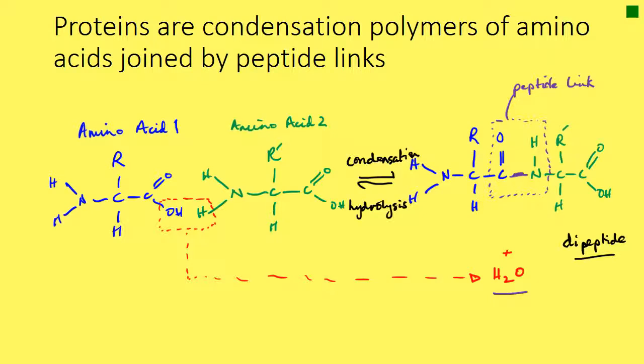And what happens is that we get a reaction here where the hydroxide group fancies the look of this hydrogen on the other amino group and takes it and forms a water molecule. So we draw the water molecule over here because it's a product.